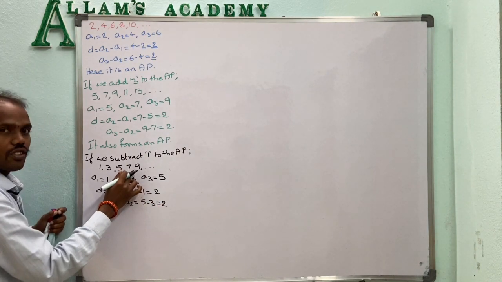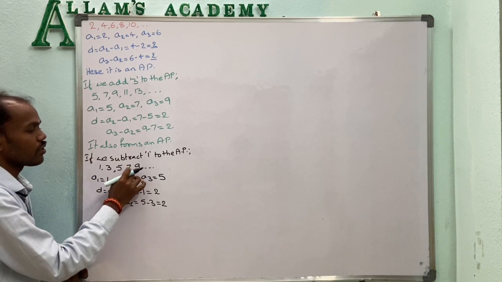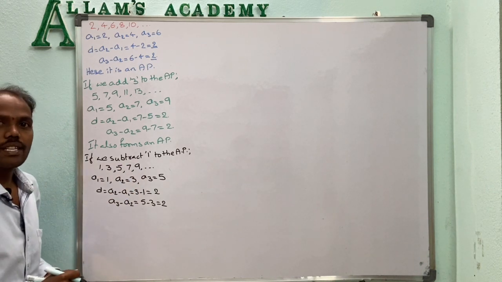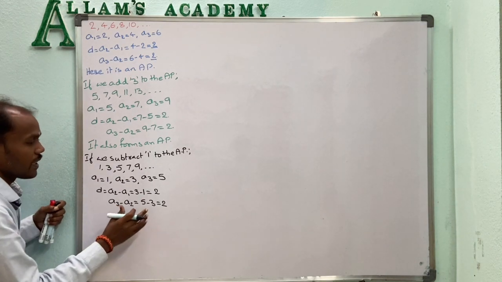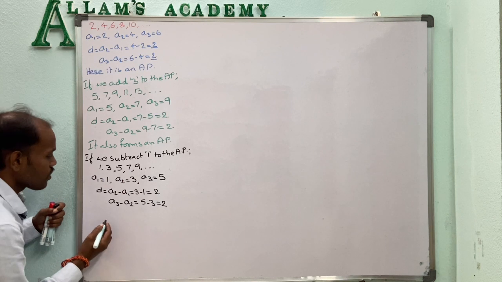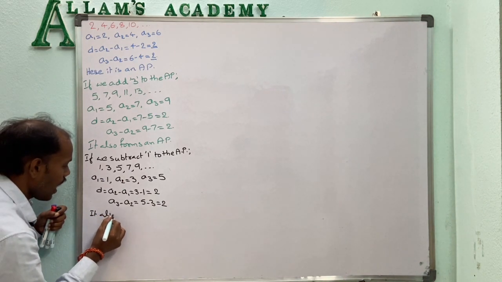Next, 7 minus 5 is also 2. Next, 9 minus 7 is also 2. That means the common difference is the same, so it also forms an AP.